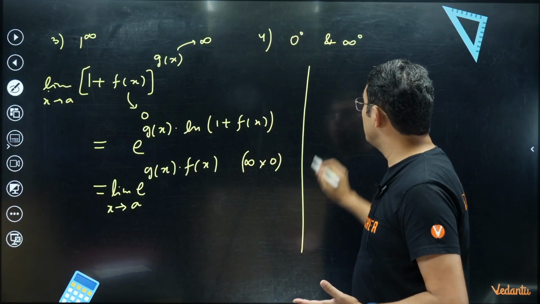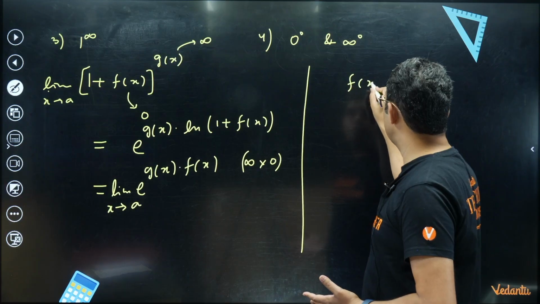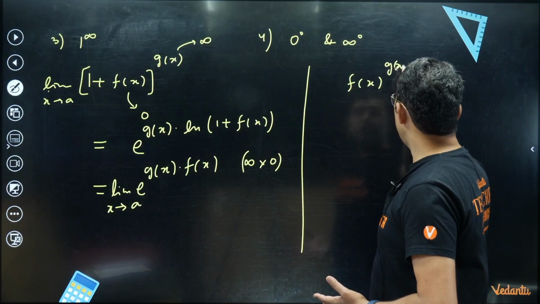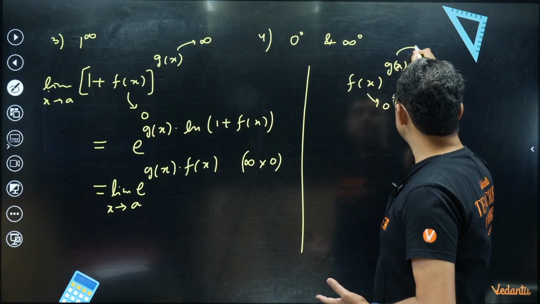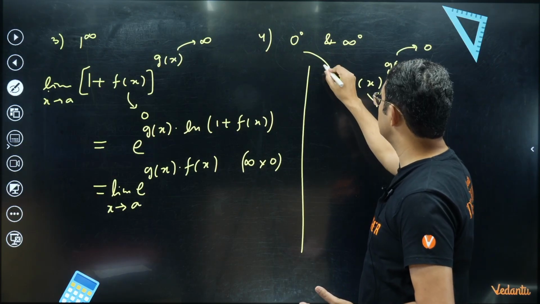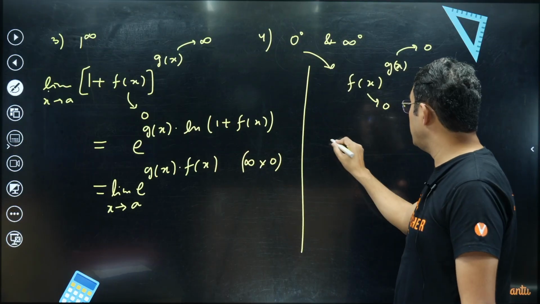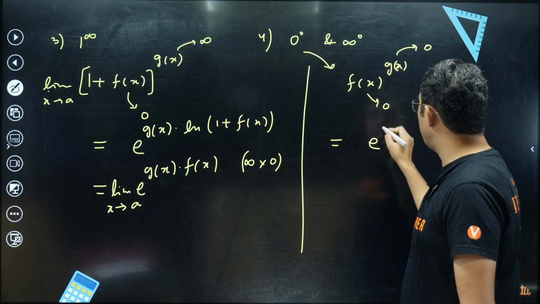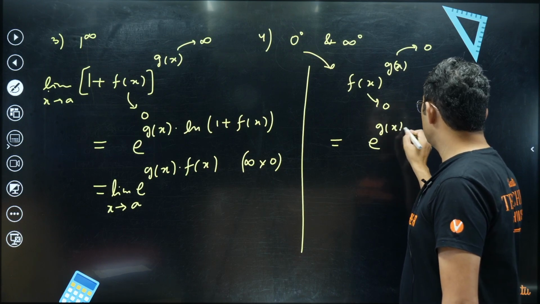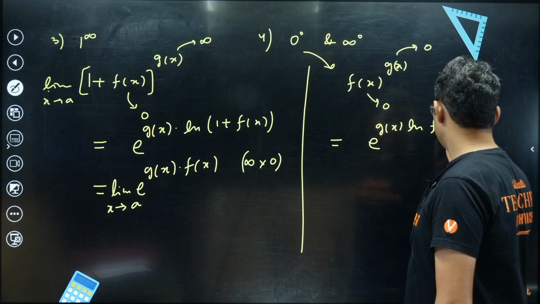Now 0 power 0 means it will be some fx raised to the power gx, where fx will be tending to 0 and gx will be tending to 0. I am talking about first 0 power 0. In this case again take log with the same method I told you here, e power gx into ln fx.